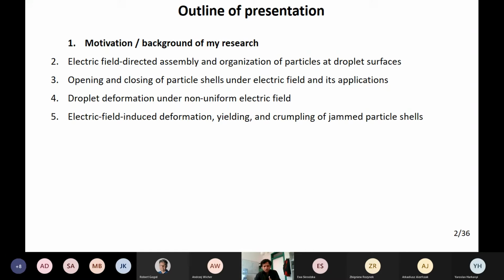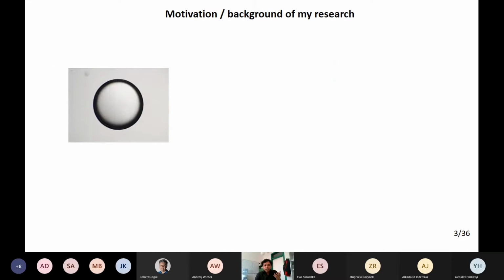Before going to the three-phase system, I would like to talk a little bit about the two-phase system. Here we make a silicon oil droplet in castor oil, and we apply the electric field in the vertical direction, in the horizontal direction, and we saw that the droplet deforms perpendicular to the direction of the electric field.